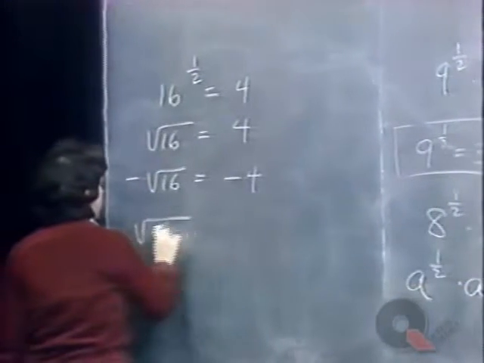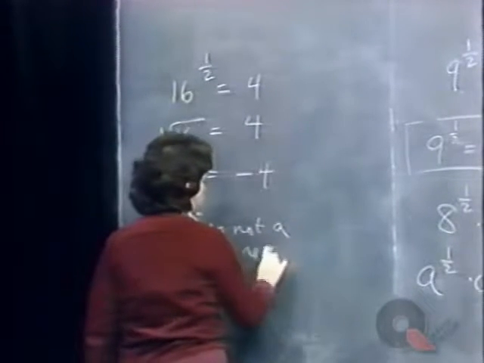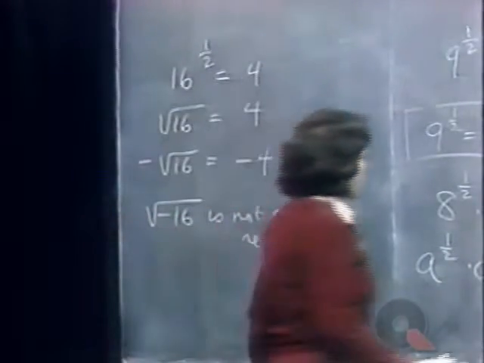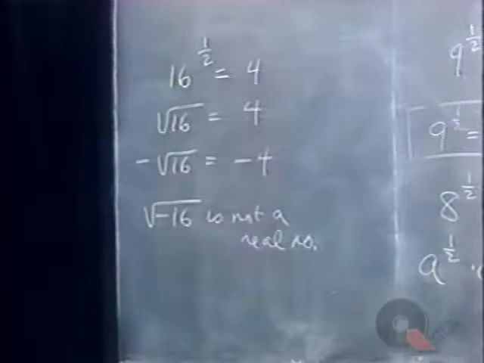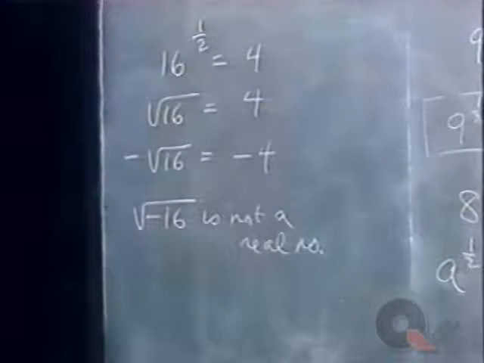But the square root of minus 16 is not a real number. Okay, well, that takes care of an exponent of 1/2. We sort of had an understanding of what we mean by, say, 9 to the 1/2 power.